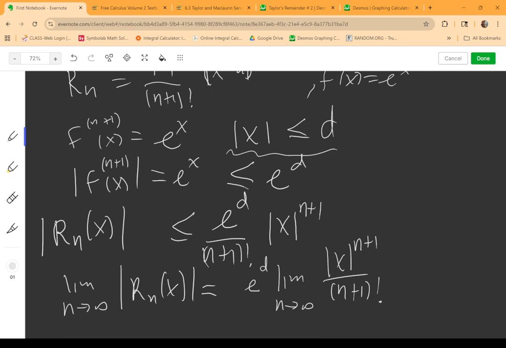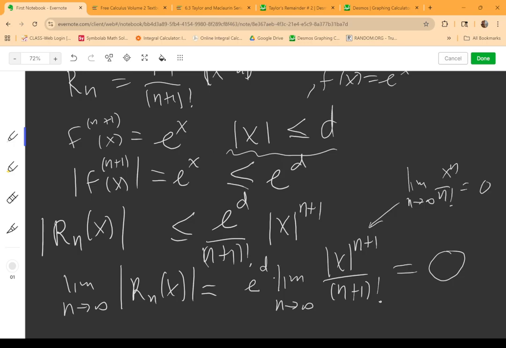Now, in a previous section we looked at the order of increase of functions. For something like this, we saw the factorial increases faster than the exponent n plus 1. So this whole limit goes to 0. We're using the fact that the limit as n goes to infinity of x to the n over n factorial is in fact 0.